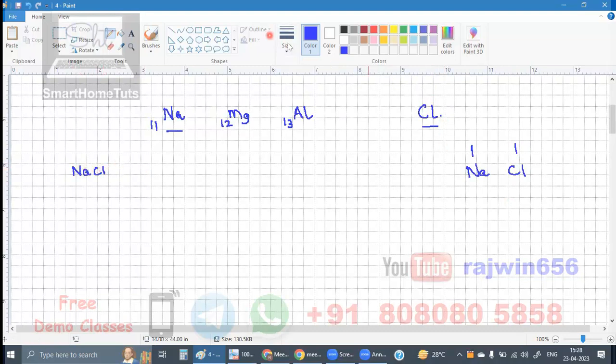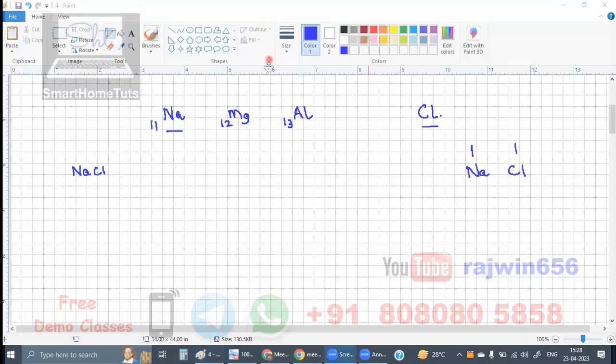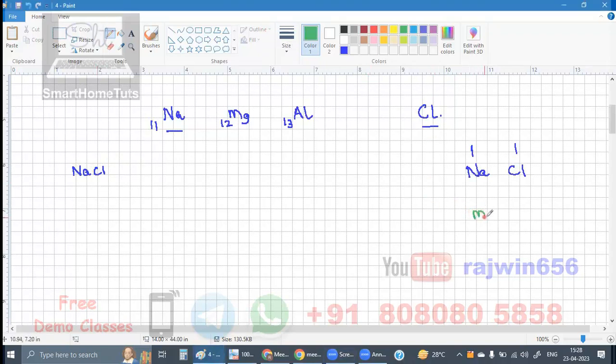Same way now I am taking magnesium. Because atomic number is 12, its configuration will be 2, 8, 2, so its valency is 2. Chlorine, Cl, its valency is 1. If I exchange these valencies, 1 over here and 2 over here, the formula becomes MgCl2.